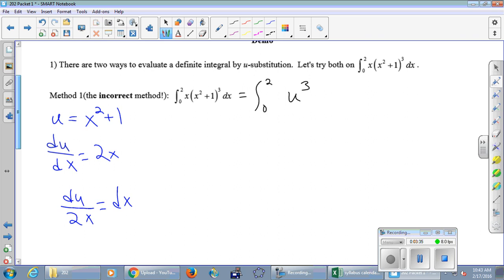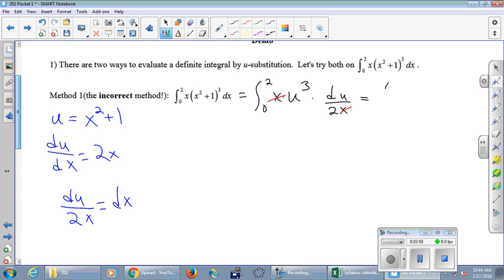The dx becomes du over 2x. So far, so good. And then we copy anything else that hasn't been replaced yet, which is just the x in the front. Good. And then we cross off the x's, we cross our fingers and make sure that all the x's disappear, which they do in this case.